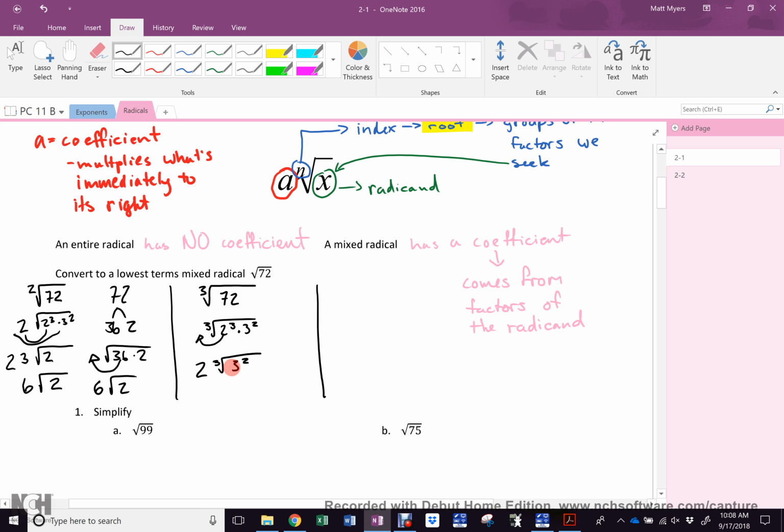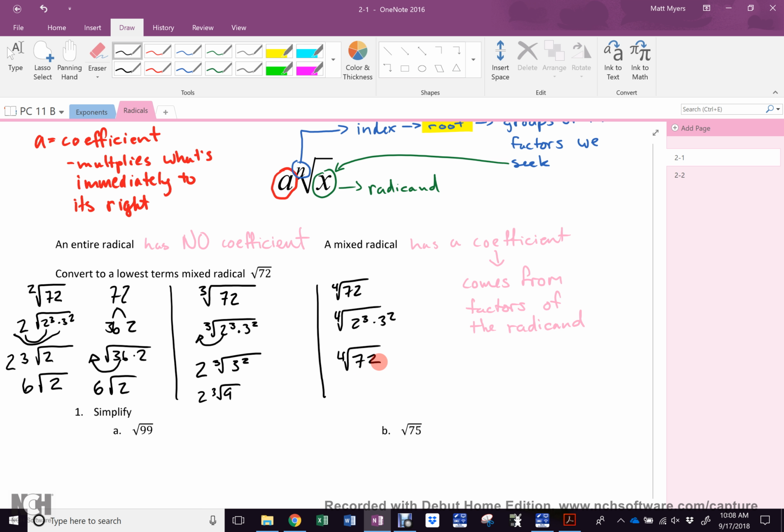So this, simplified, is 2 cube root 9, or 2 cube root 3 squared. Everybody good? Now, change this last one to 4th root of 72, which means I need a group of how big? 4. Is there a group of 4 there? No. So it doesn't get any simpler, so we leave it as 72. Is everybody good?